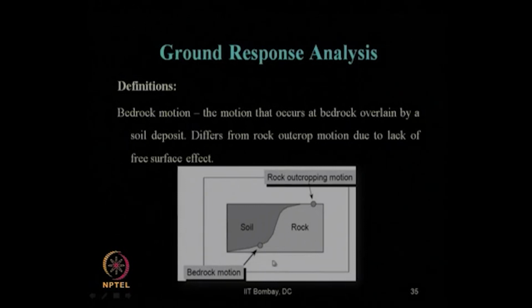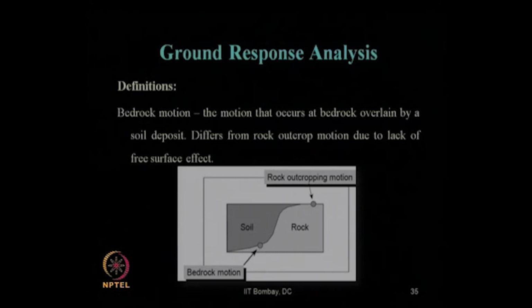Okay. So, this motion and this motion, even during the same earthquake at that place, will be different. Why should it be different? We have already learned in the module on wave theory or wave mechanics that depending on the boundary conditions, whether it is a free surface or not a free surface, the stresses and displacements of the waves will be different.